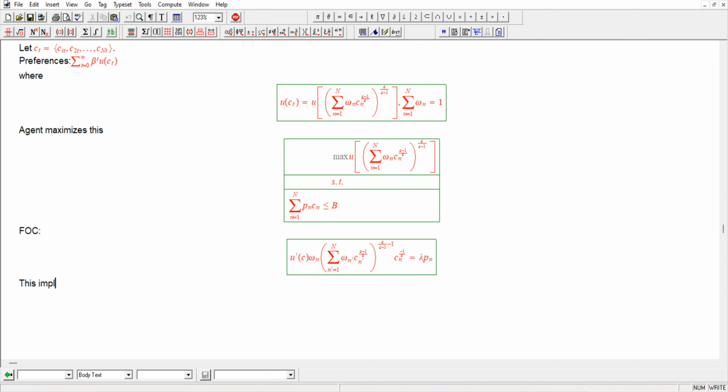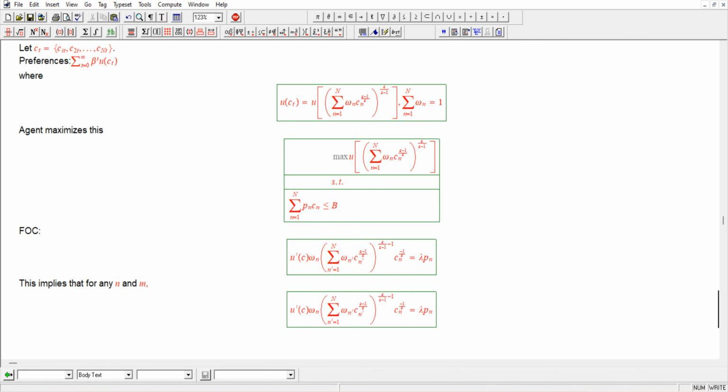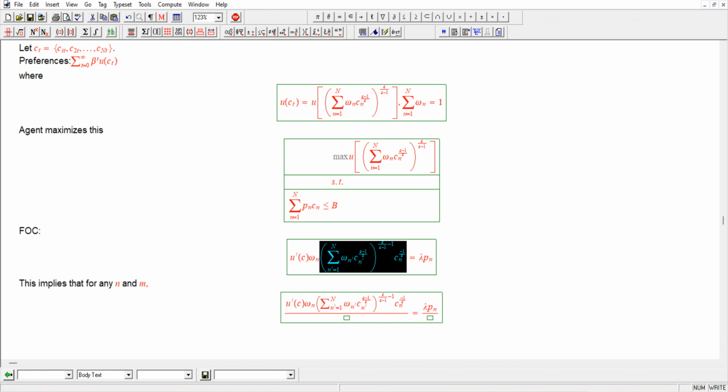So this implies that for any two goods n and m, we're going to get the following. Let's bring this down and divide the expression for n with the corresponding expression for m, a different industry.